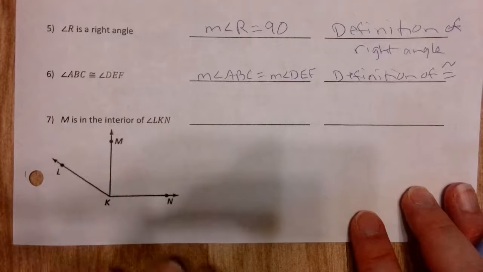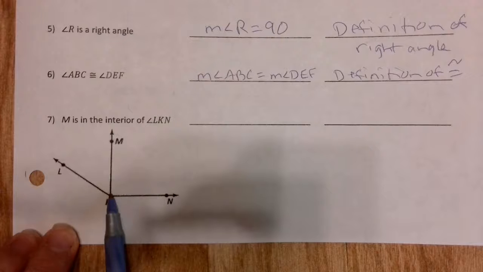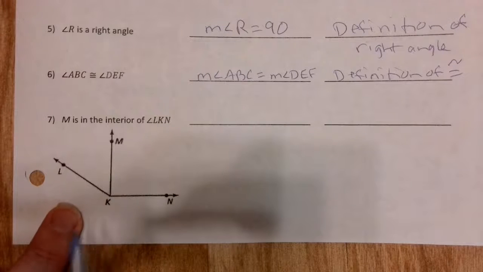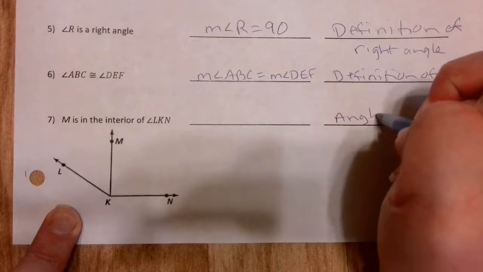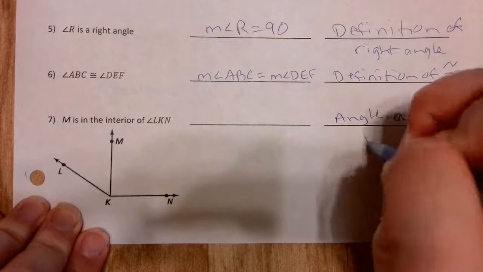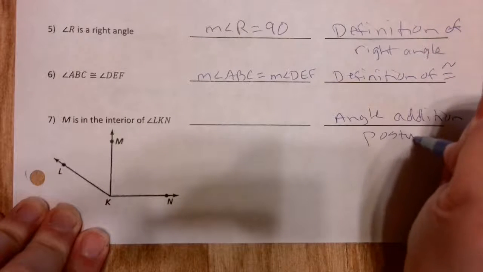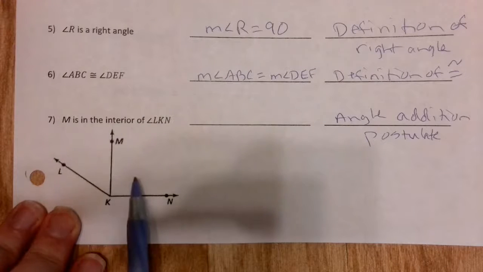Number 7, M is in the interior of angle LKN. This is very, very similar to number 2. Number 2 was the segment addition postulate. This one is going to be the angle addition postulate. The angle addition postulate says that you may add the two little angles and get the big one.